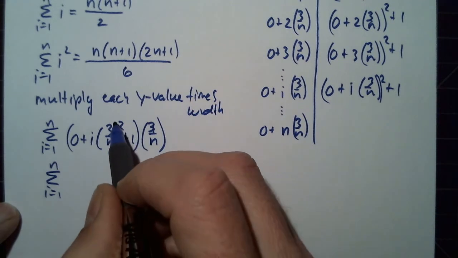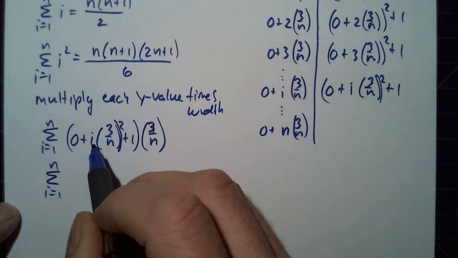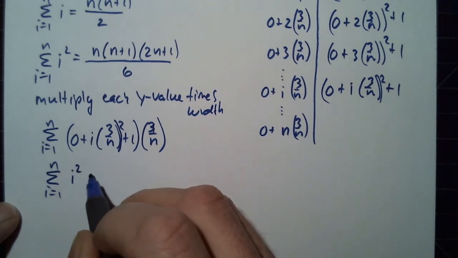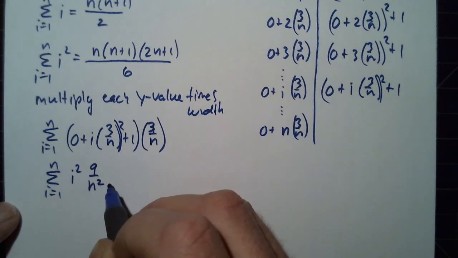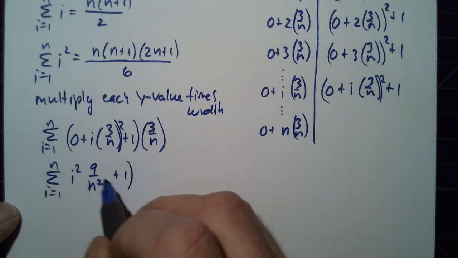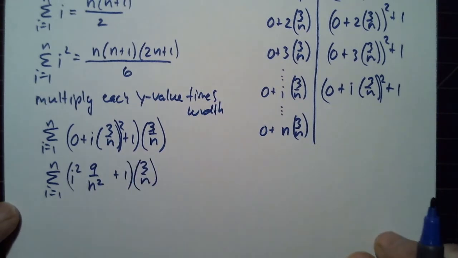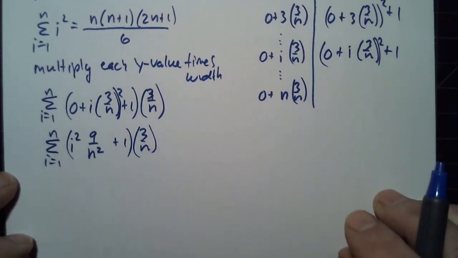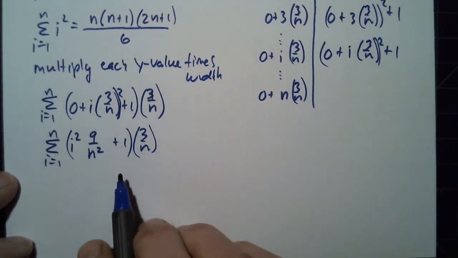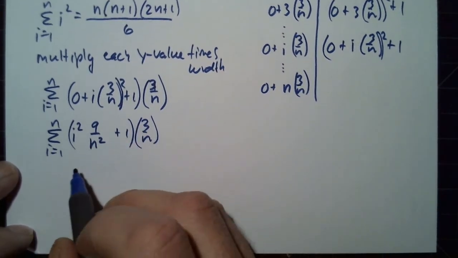We need to have that. So we're squaring the i also. So it's i squared times 9 over n squared plus 1, times 3 over n. All right.